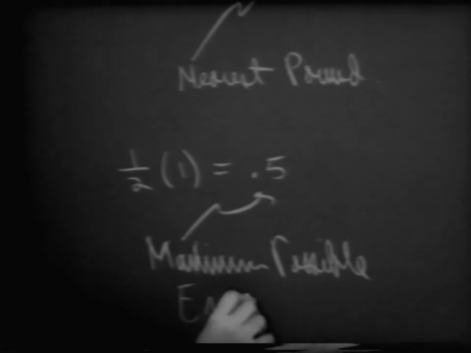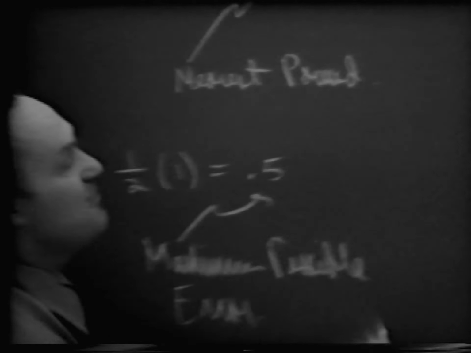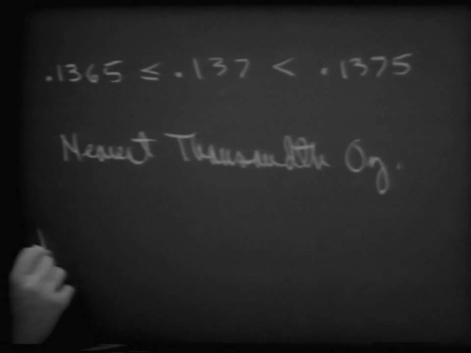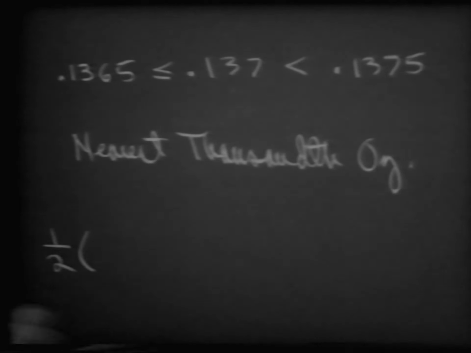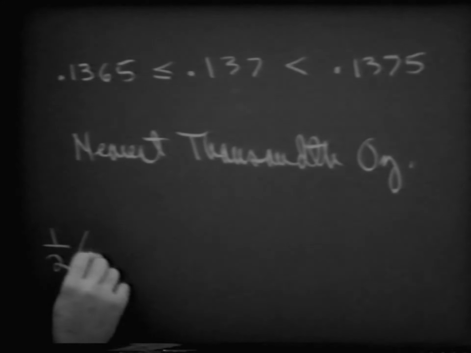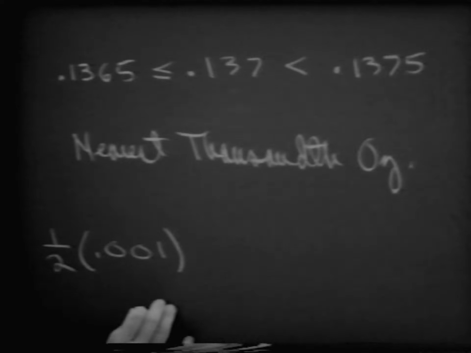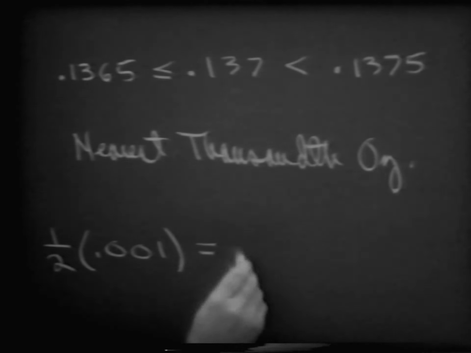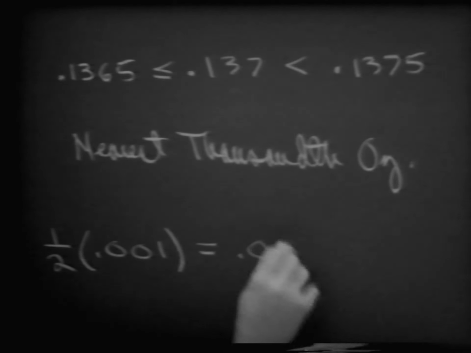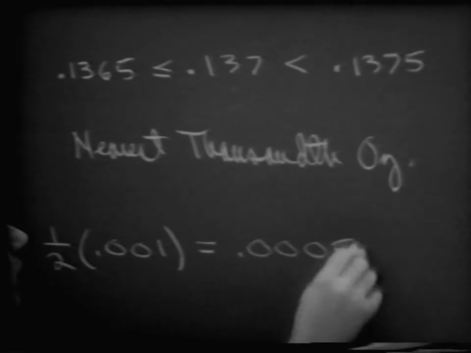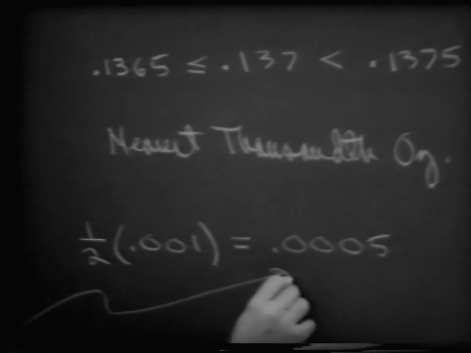And let's look at our chemist. The maximum possible error he may have would be 1/2 of his unit of measure, which is 1/2 of what number? 0.001, 1/1000. And that is going to be 0.0005, his maximum possible error.